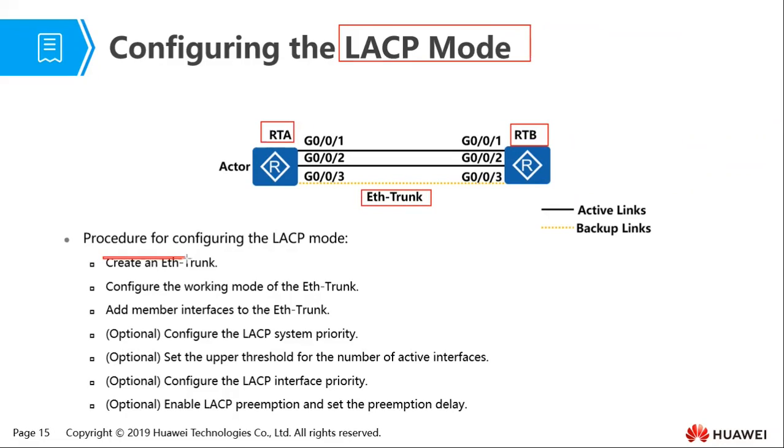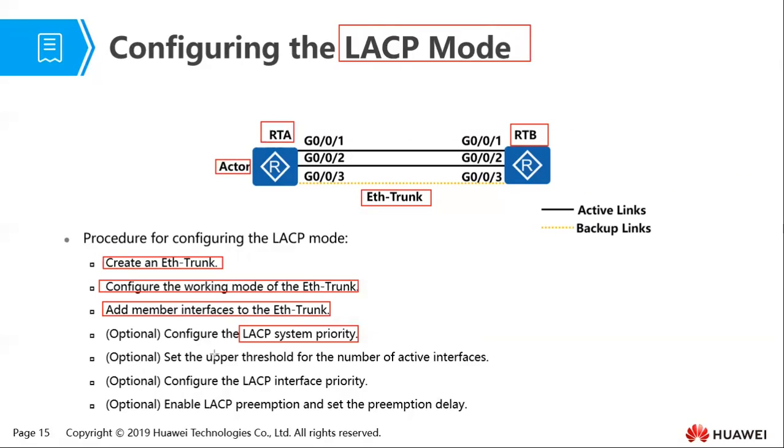The first thing we have to do is to create the Ethernet trunk. Then we configure the working mode as LACP. Then we add member interfaces. Then optionally, we can configure the LACP system priority, so we can alter the priority of RTA so that RTA is elected as the actor.